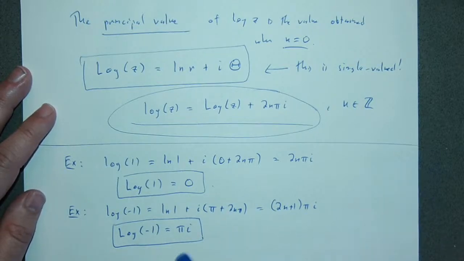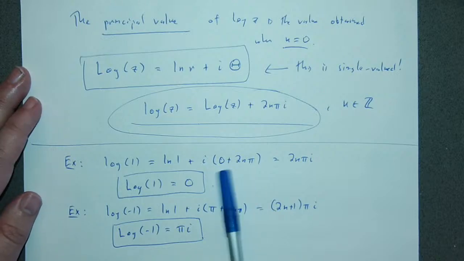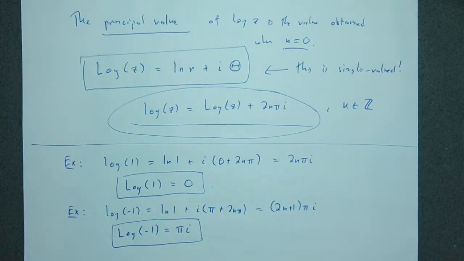Rephrased in another way, it is the value of this log where the only argument you take is the principal argument. And so yes, it's different because when you're using lowercase l, that log z function is multi-valued typically, and you see that this has multiple values. So selecting the value when n is equal to 0 is me picking out that principal value that I'm calling capital L Log z, or the principal value of the log.